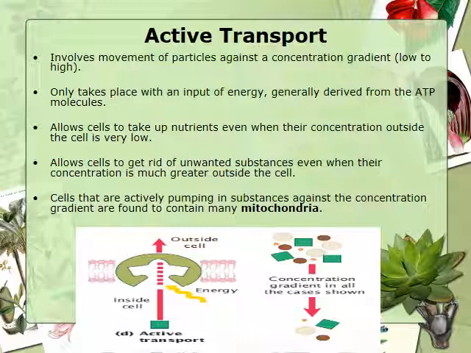This requires energy, or ATP, and this is a very important process in depositing waste from a cell or taking nutrients into it. Cells undertaking this process at a high rate will require a large number of mitochondria to provide the ATP for this process to continue functioning.